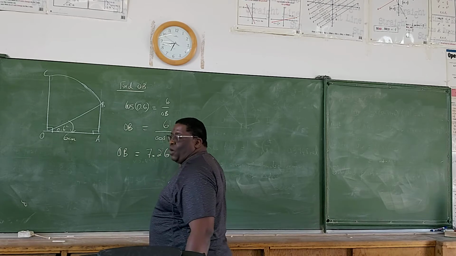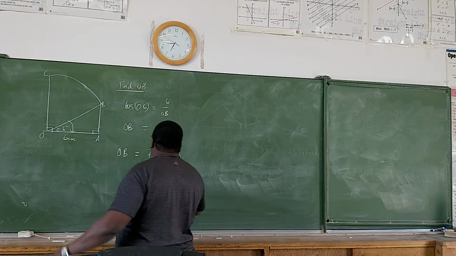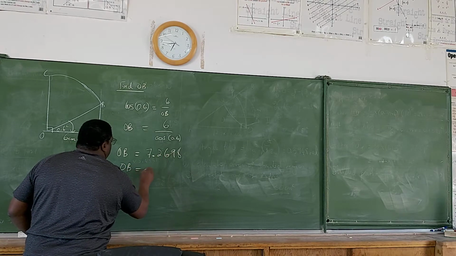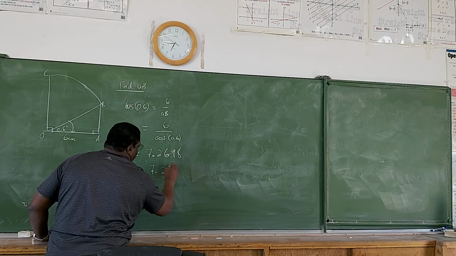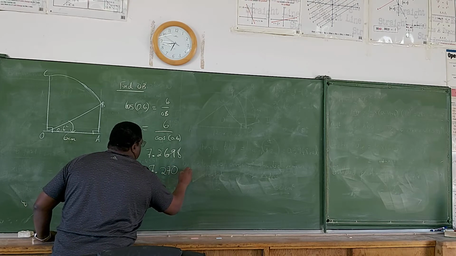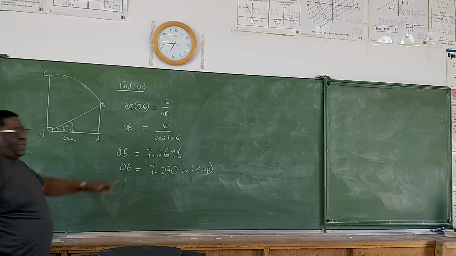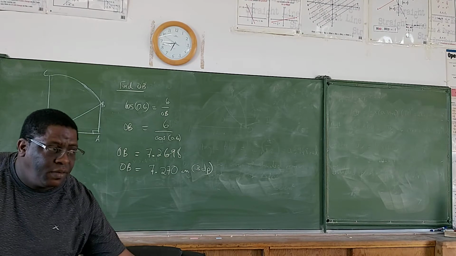So then it's 7.270 centimeters, correct to 3 decimal places. Is that not what we're supposed to show? Good. That takes care of that.